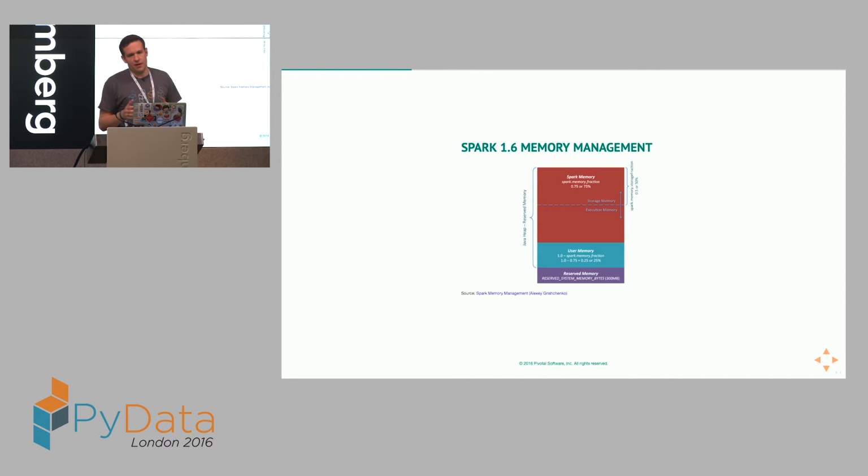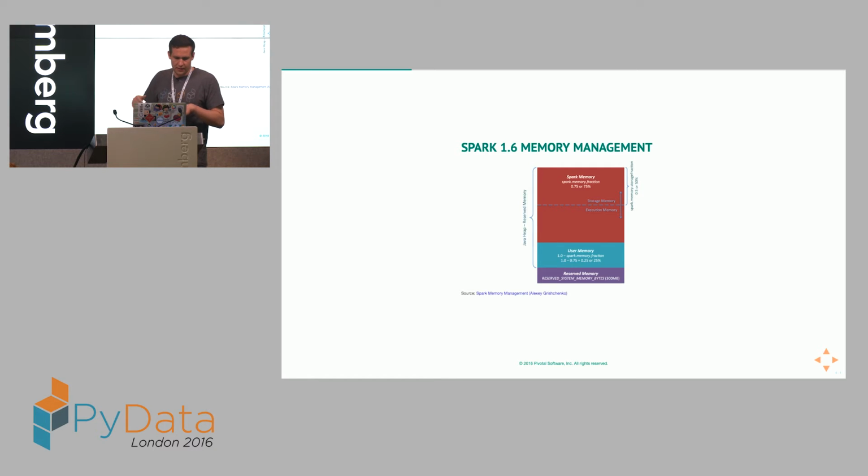Spark memory management used to be the most complicated part of running Spark. In Spark 1.5 and below, there used to be two separate memory managers for execution memory and storage memory. And this caused a lot of problems. Execution memory is where you compute shuffles, joins, and so on.